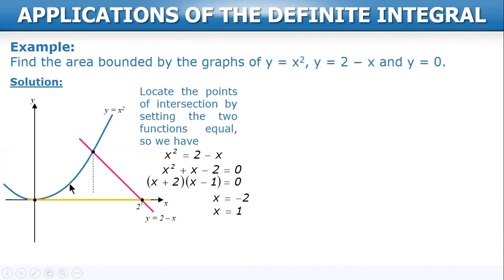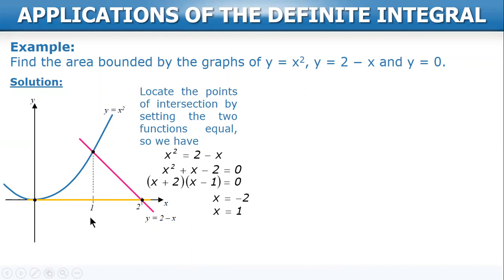Of course, if you extend the parabola and also the line, they will intersect at a point in the second quadrant when x equals negative 2. But since our focus is on this region, the first quadrant, we'll just consider x equal to 1.